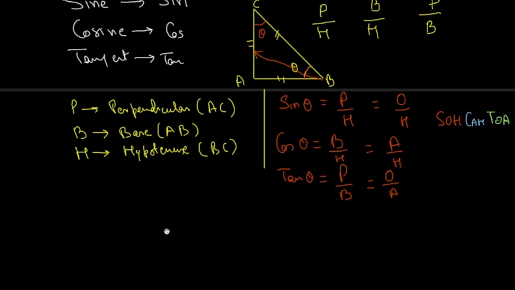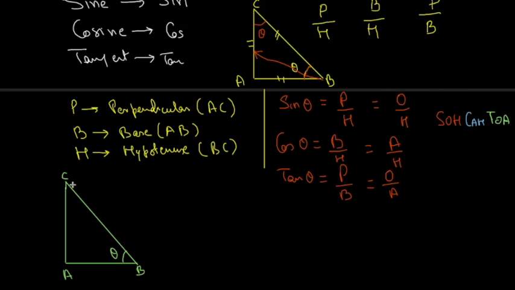Now let's take an example. How do we use it? So we'll redraw the right triangle which we took. Okay, so this is A, this is B, and this is C, and the angle which it forms is theta.